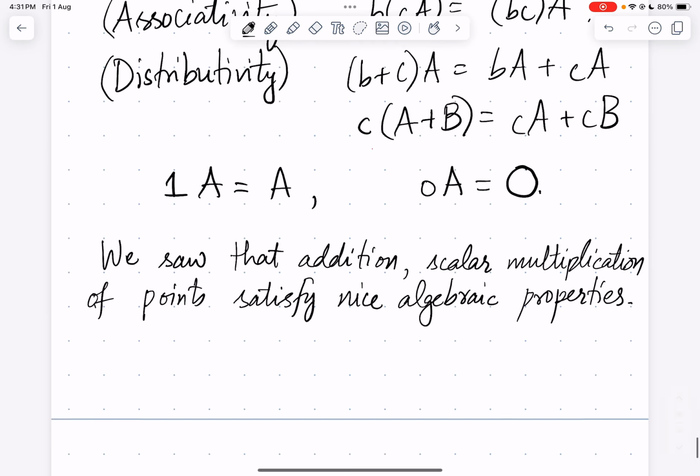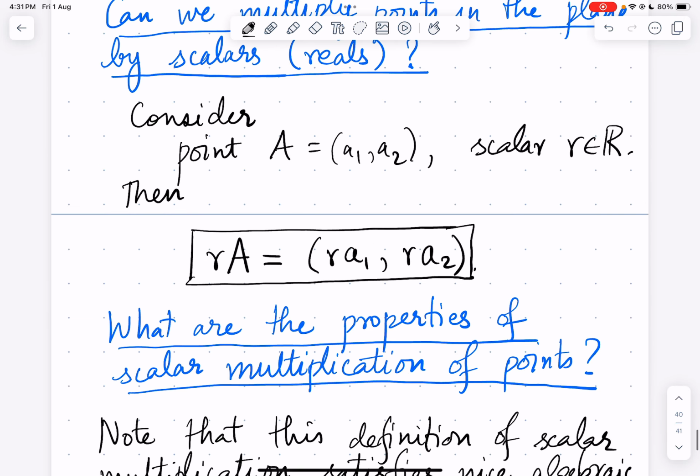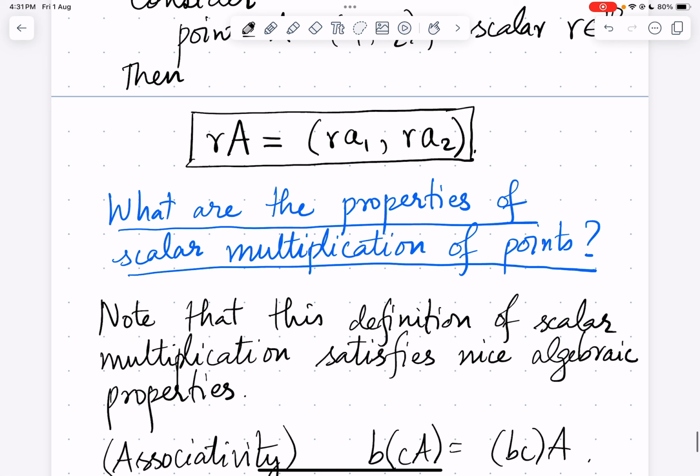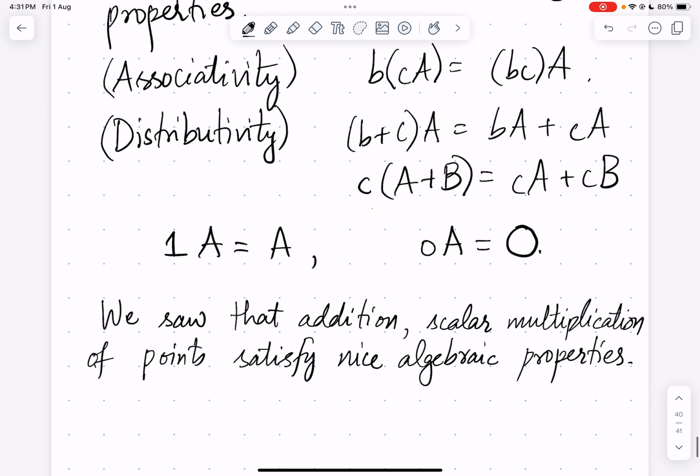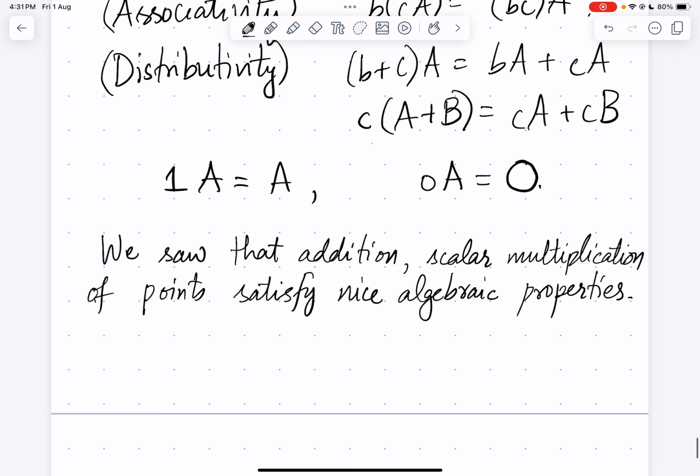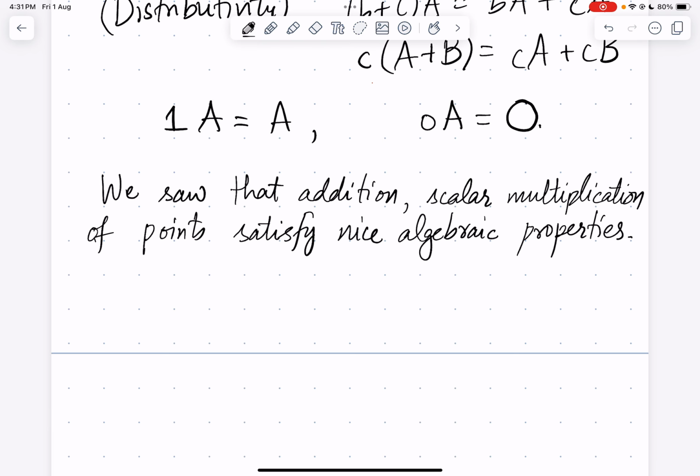They were defined component wise, so naturally they were defined so that they satisfy nice algebraic properties like commutativity, associativity, distributivity, and so on.